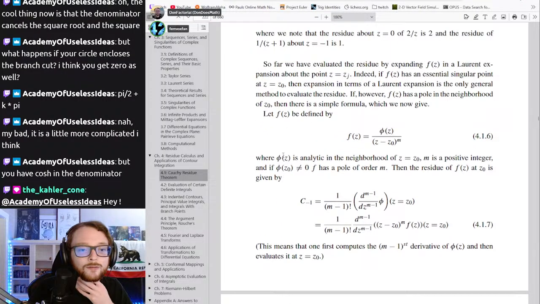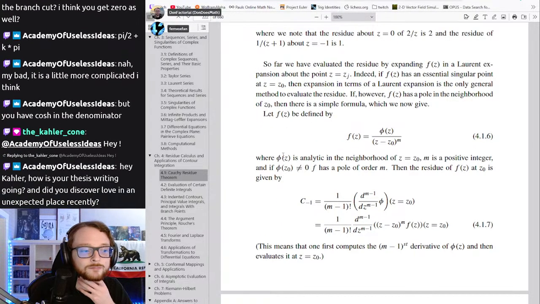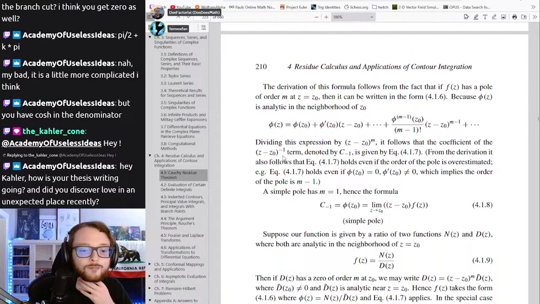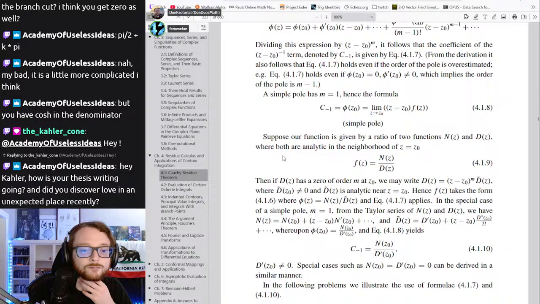I'm going to look in the book. I could be wrong about this. I thought we could get a residue as a limit.